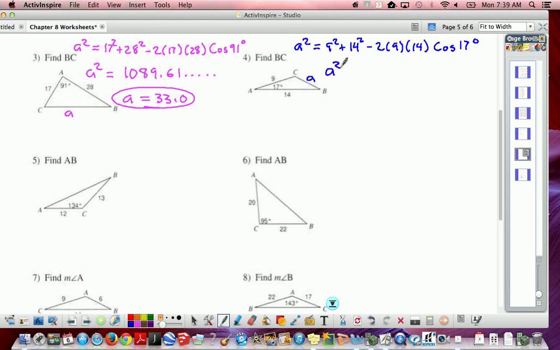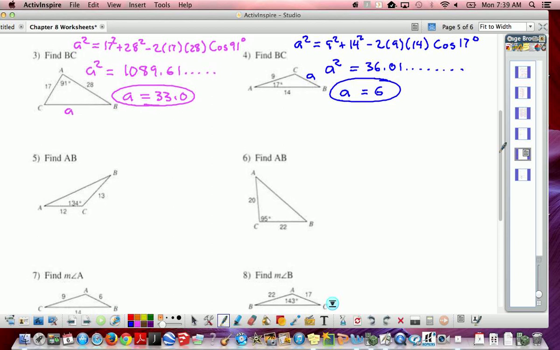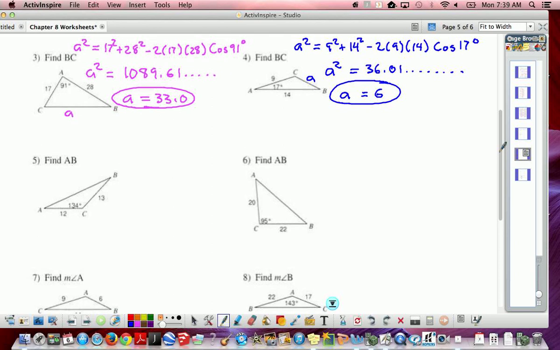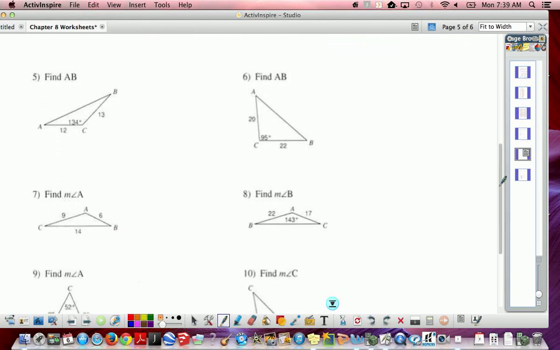So if I enter that into my calculator, it ends up being 36.01 dot dot dot. When I take the square root of that, a ends up being 6. So on the next two, I'm going to do that same thing, show you the setup, show you what it should equal so you can check it on your calculator and what the final answer is.